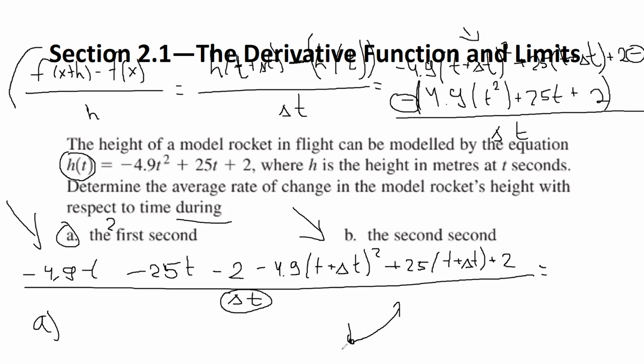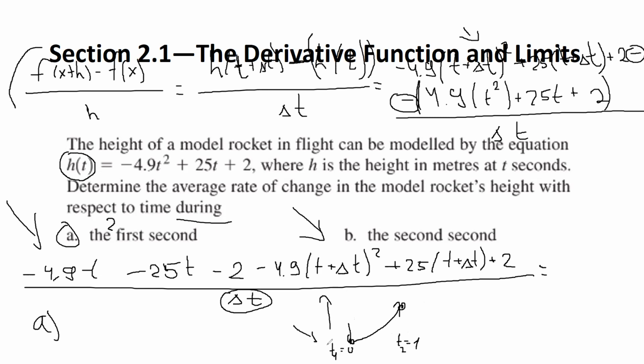So we know that when the rocket starts going, t equals 0, and in 1 second it's going to be t equals 1. So it's t2 and t1. Now, knowing this, you're just gonna stick these values into this formula, and you're gonna see how much easier it becomes.